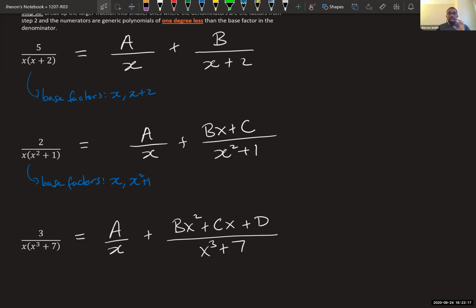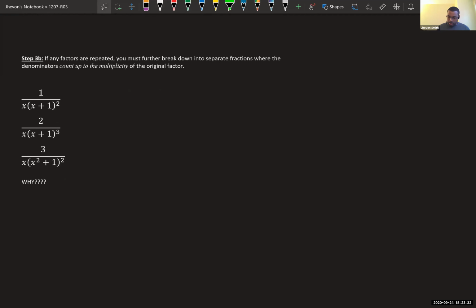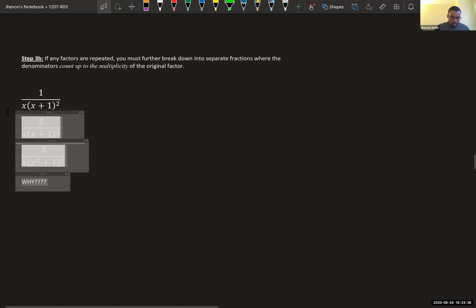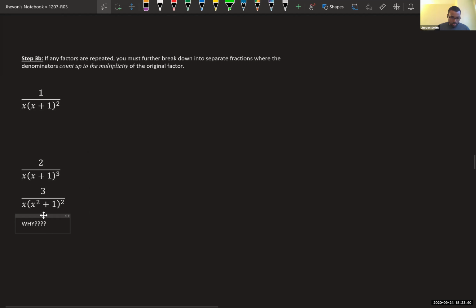Now there is a slight nuance to this part, right? It's very important that you realize that I just mentioned it's the base factor in the denominator, so it can be tweaked a little bit. For example, look at these examples here. And I'm going to explain why after this.